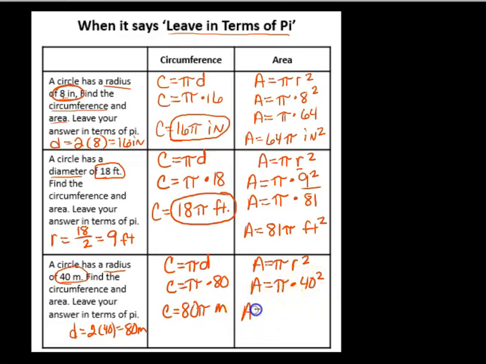So area equals pi times 1600. And so I rewrite that, put in my number in front. I get 1600 pi meters squared. And that's as simple as you can do a problem like this. It's just leave it in terms of pi.